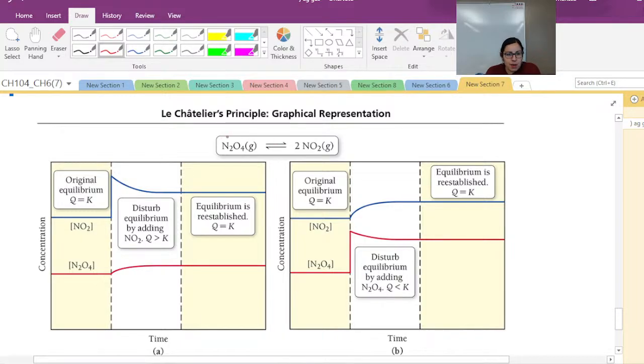So we have N2O4 that splits into NO2. So this is considered our reactant in this case. Let's look at that scenario where reactants are added, which is going to be right here. Notice initially we're at equilibrium.